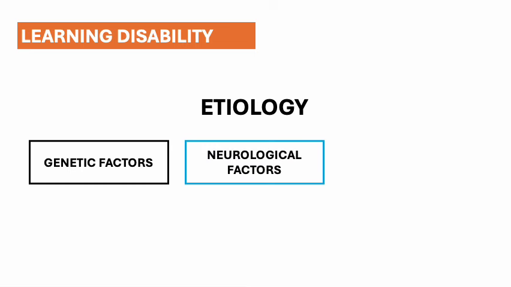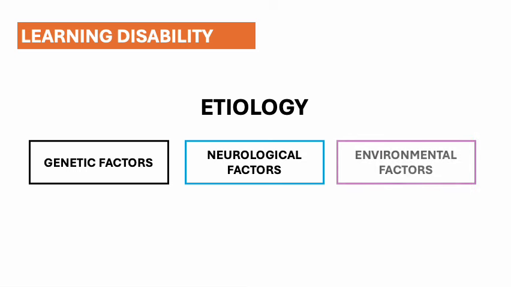Neurological factors are important too. Differences in brain structure and function, especially in areas for language, reading, and visual spatial skills, can affect learning. Even neurotransmitter systems involved in memory and learning may be involved. Finally, environmental factors can influence how SLDs show up.